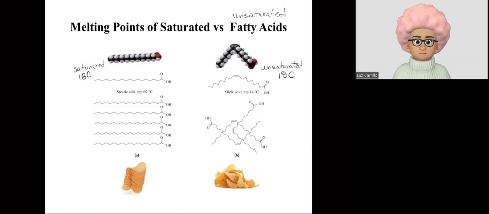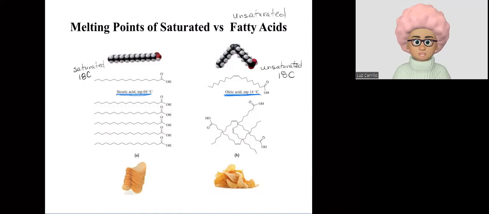If we look closely at the melting point of each of these, we can see that stearic acid has a melting point of 69 degrees Celsius, while oleic acid has a melting point of 14 degrees Celsius. So they have very different melting points.